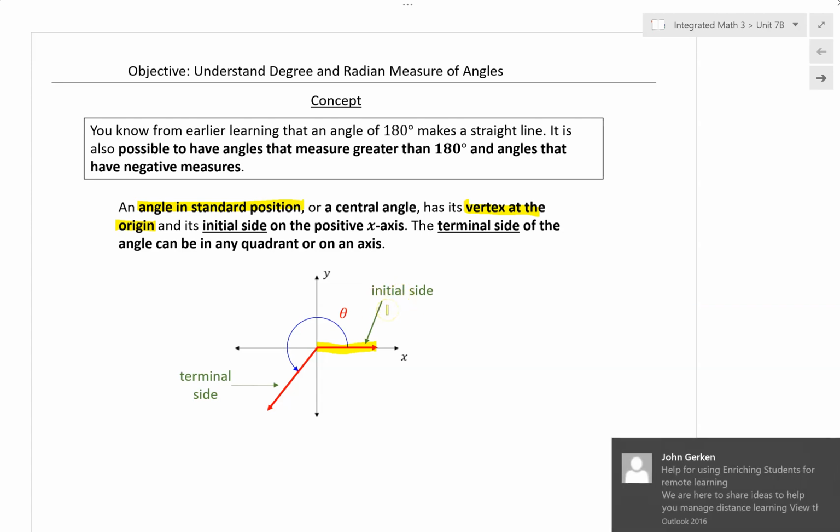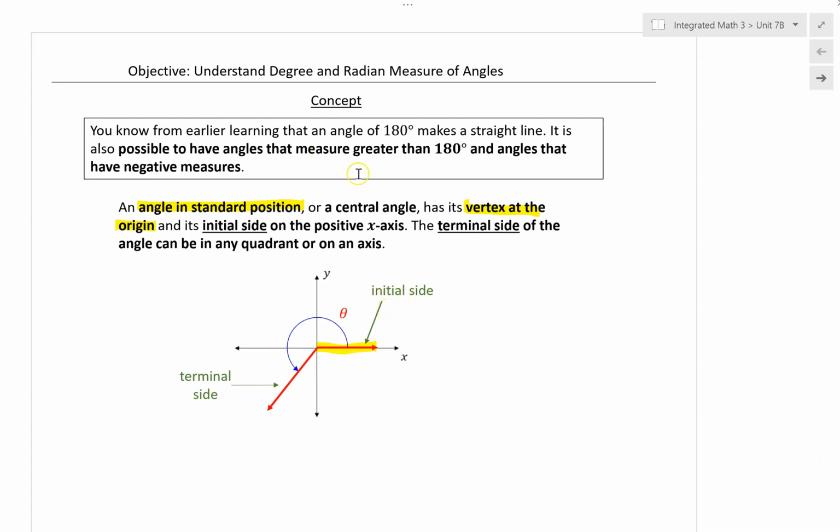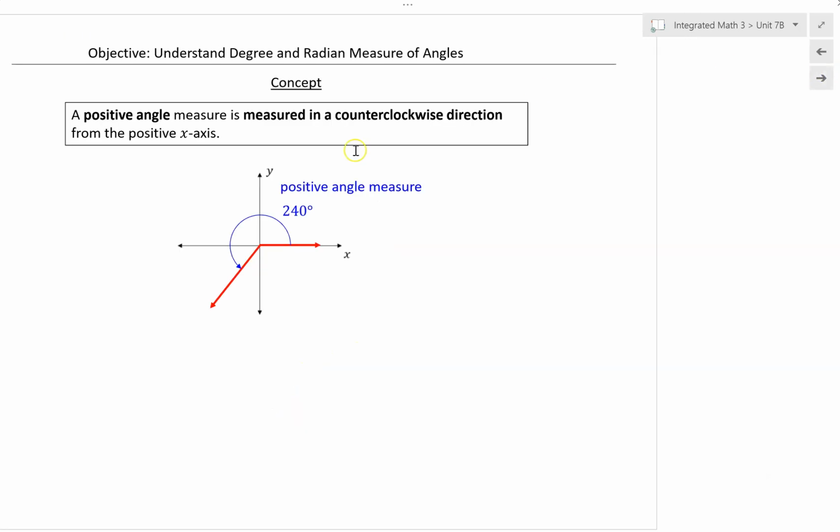Here's the initial side. The terminal side is where it ends, so here's the terminal side. And it can be in any single quadrant, so I can end that angle wherever. So that is an angle in standard position.